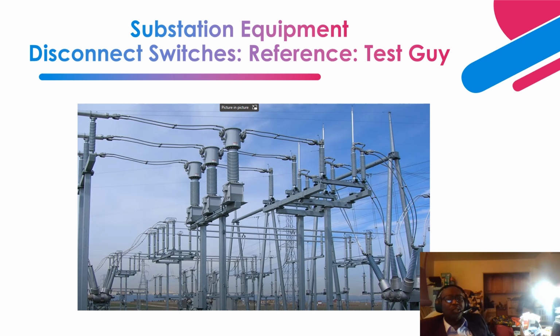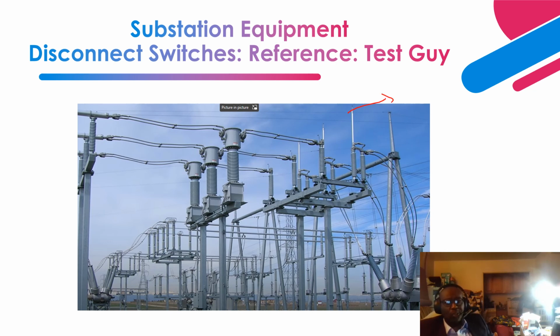Now, let's talk about disconnect switches. I made a little reference description of it in the previous slide. Now you can see it as big as possible. I made mention of the purpose of disconnect switches.